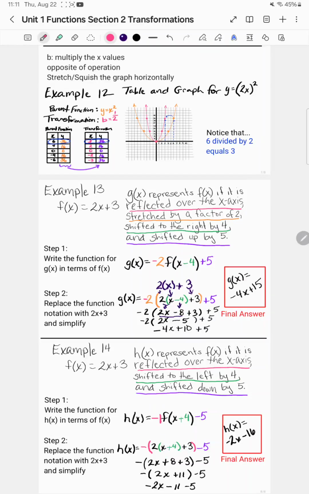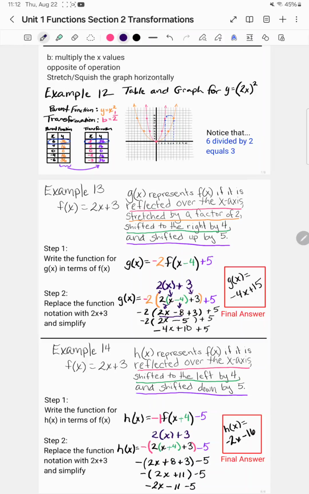Then outside of the whole thing, we're multiplying it by -1. Then inside the parentheses with the x, we're adding 4. And then outside of the whole thing, we're subtracting 5.